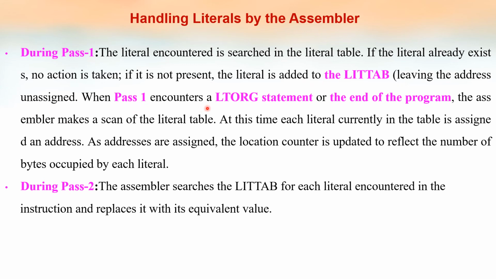When pass 1 encounters an LTORG statement or the end of the program, the literal pool comes after that. At that stage, the assembler scans the literal table and assigns the corresponding address value to each literal. As addresses are assigned, the location counter is also updated. Then during pass 2, the assembler searches LITTAB for each literal in the instruction and replaces it with its equivalent value. Thank you.